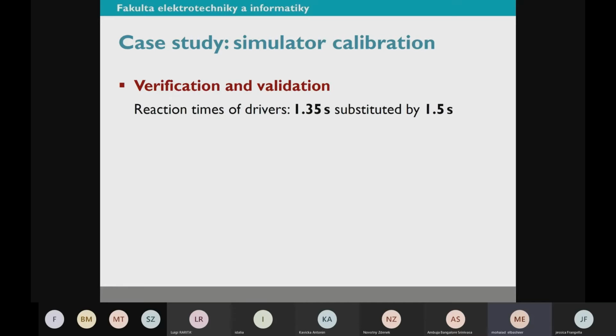But after observing the behavior of the model and comparing with reality, it was substituted with 1.5 seconds, which then realistically reflected the behavior of drivers in the city.